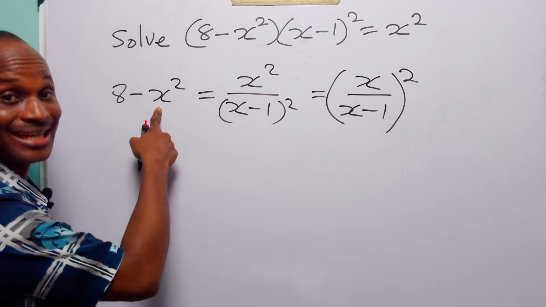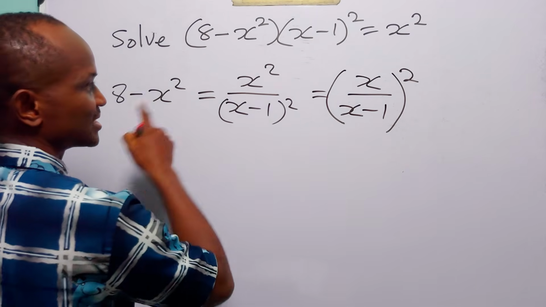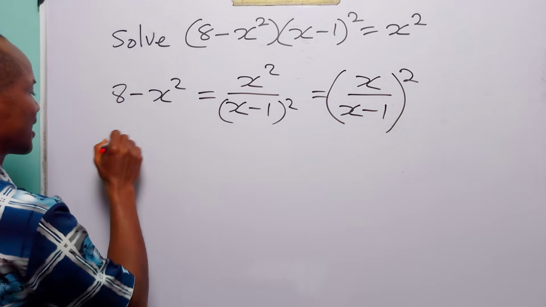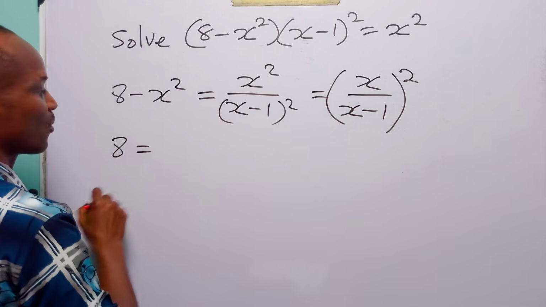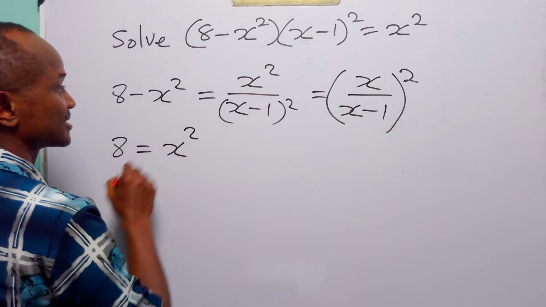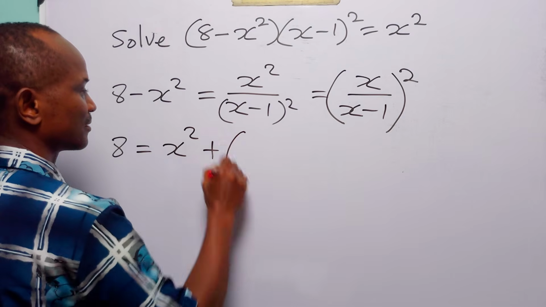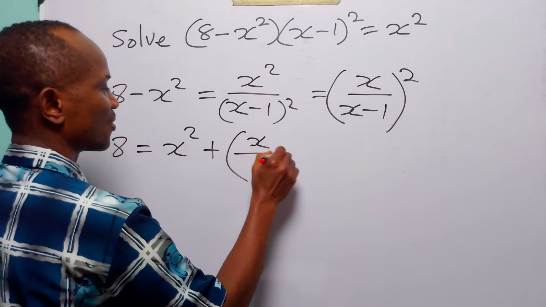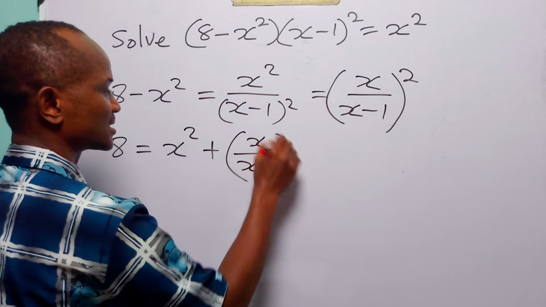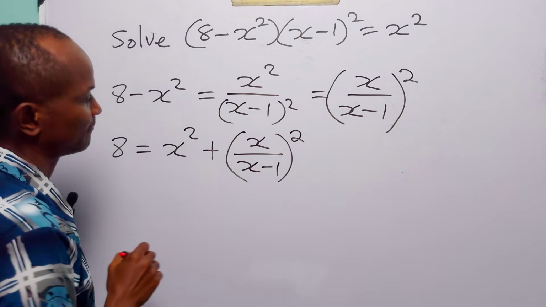Now, let us add x² to both sides of this equation. When we do that, we have 8 is equal to x² plus (x over x - 1)².